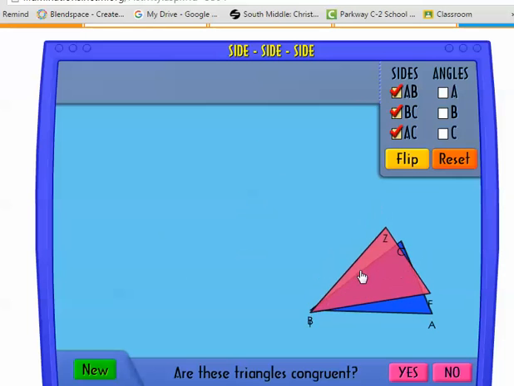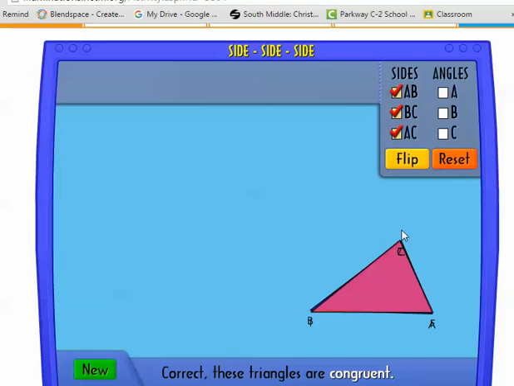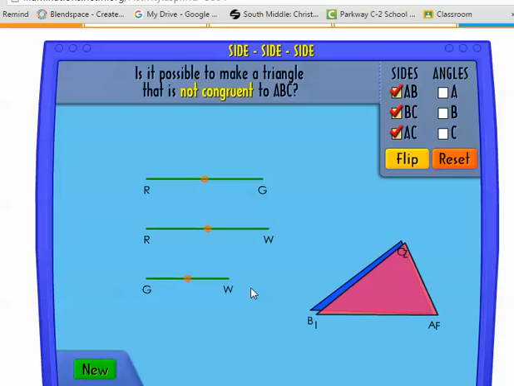When you look at this pair of triangles, you realize that we've created a pair of congruent triangles. We can try to do this again, but no matter what we do with these 3 particular segments, we're going to get congruent triangles.